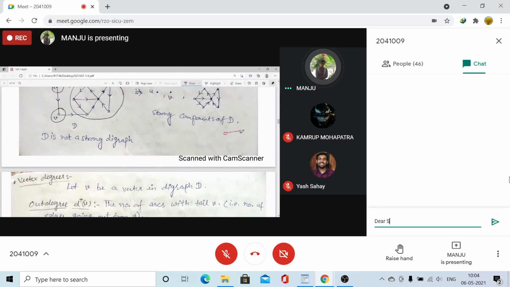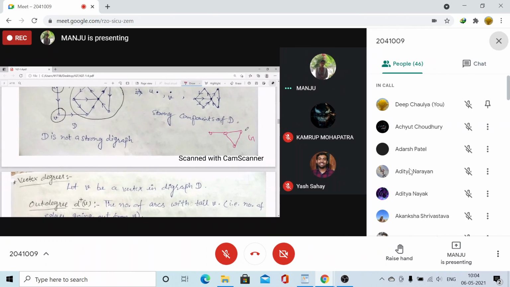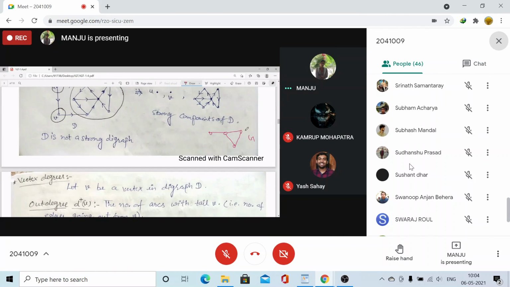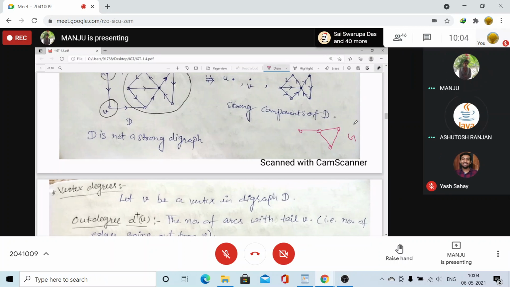So in the undirected graph, for example, this graph we have, what do you understand by degree?